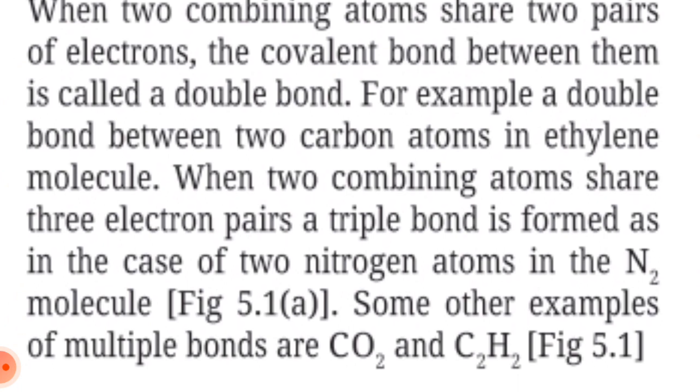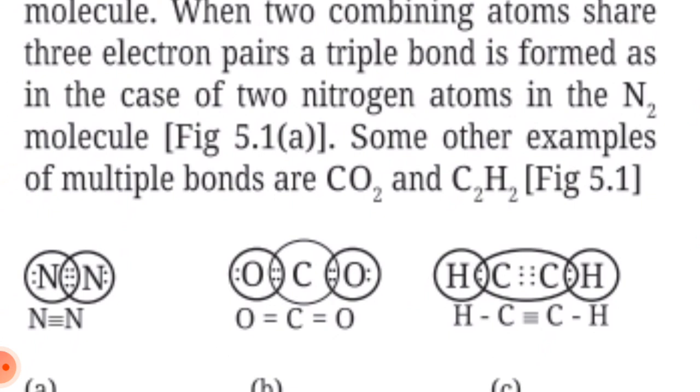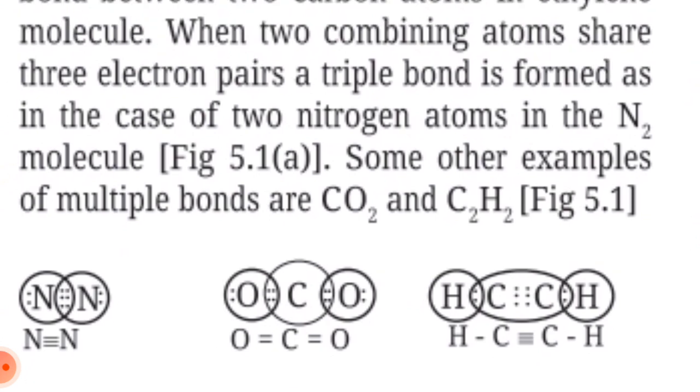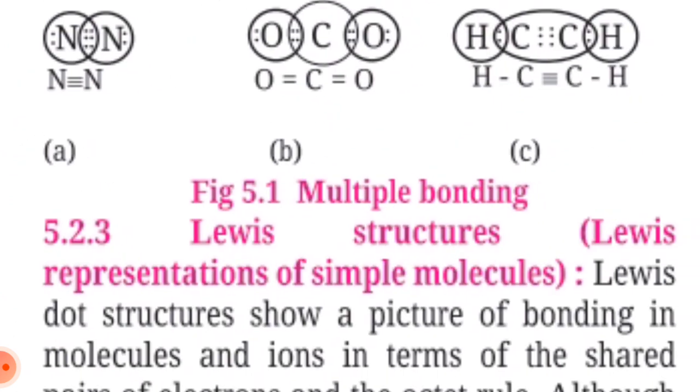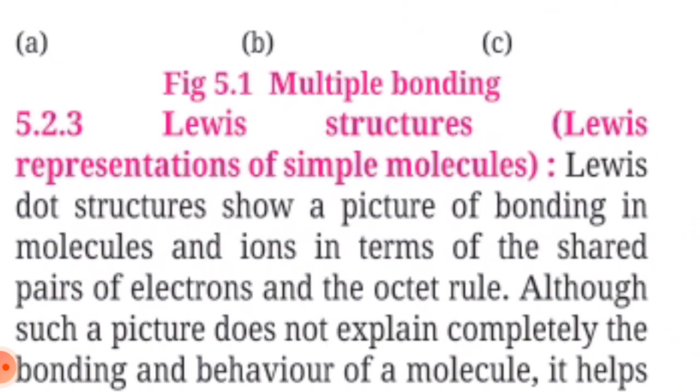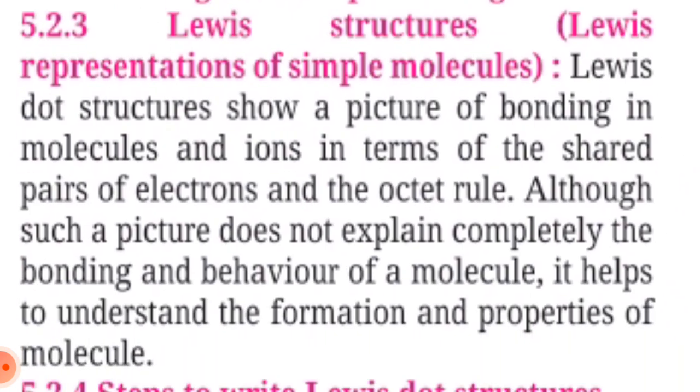When two combining atoms share three electron pairs, a triple bond is formed, as in the case of two nitrogen atoms in a nitrogen molecule. Some other examples of multiple bonds are carbon dioxide and C2H2: N triple bond N, O double bond C double bond O, H single bond C triple bond C single bond H.